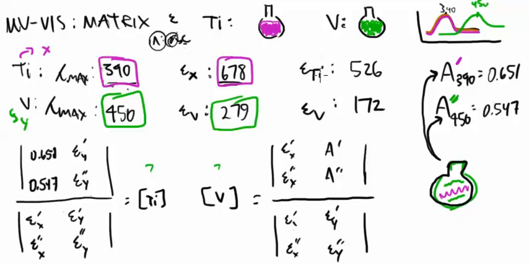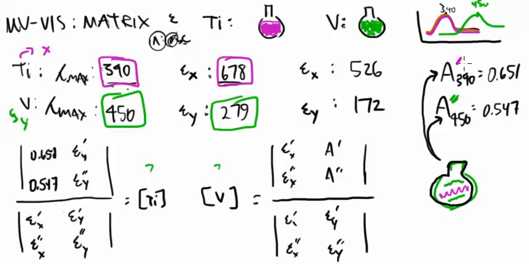The same thing's going to happen over here with this other epsilon that we've not talked about yet. That's titanium, so that's an X number. This vanadium, well, that represents a Y, and this vanadium, that represents a Y. So I can actually go through and just change those over into something that looks a little bit better for my matrix. And that's what I'm just going to do. I'm going to relabel them. Okay, so this is the molar absorptivity of titanium at titanium's 390.